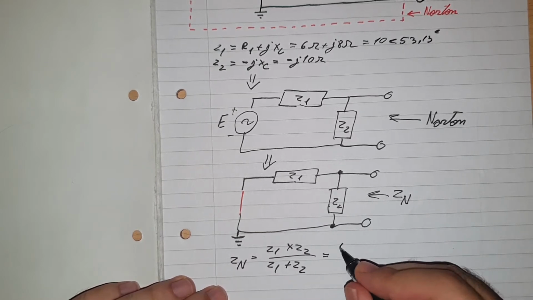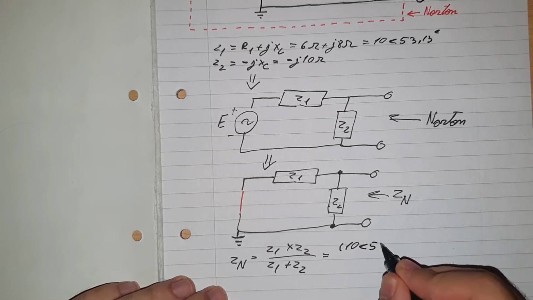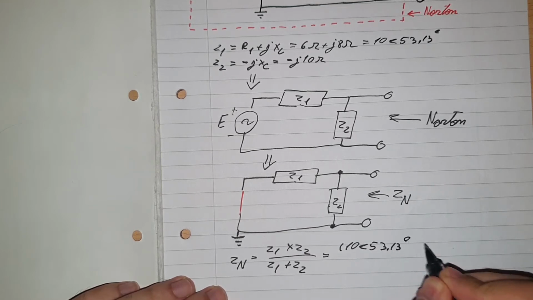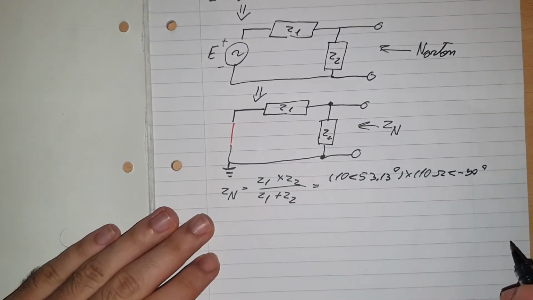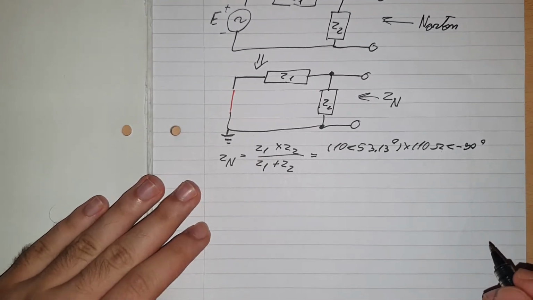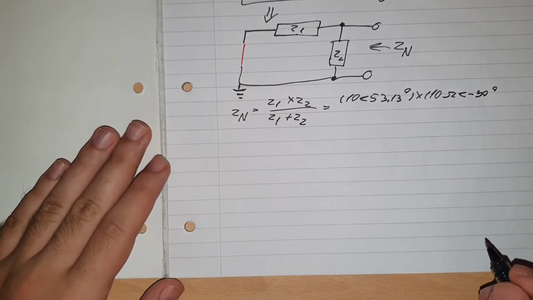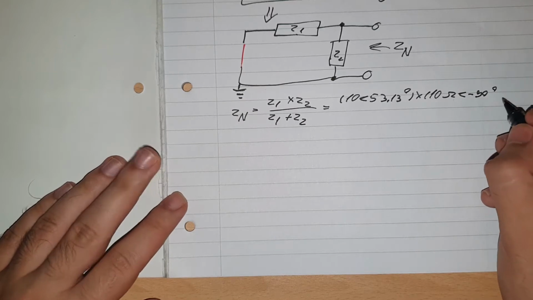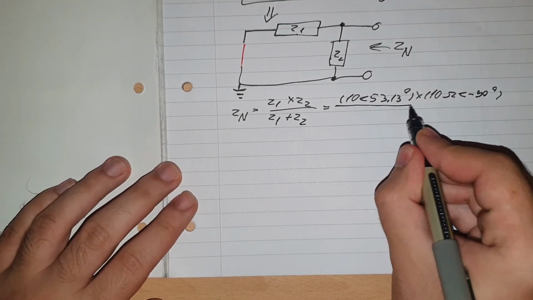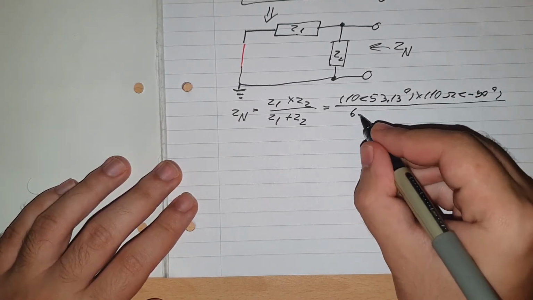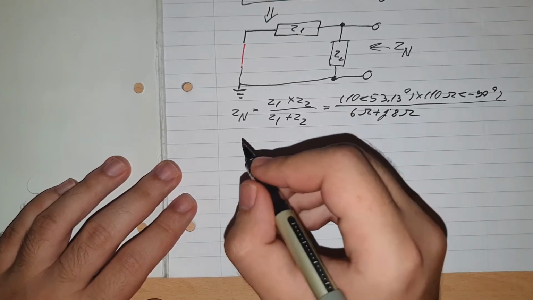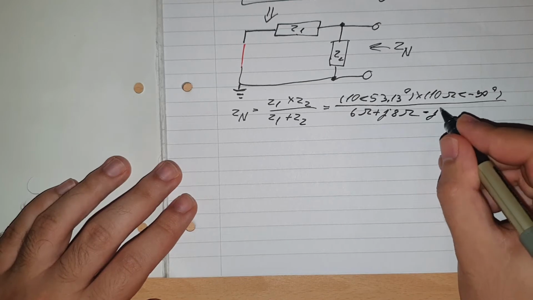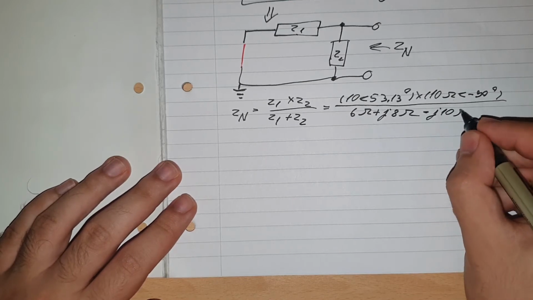That would be 10 at an angle of 53.13 degrees times 10 ohms at an angle of minus 90 degrees. And let me put this a bit lower so you can see it on the page. There you go. Then we divide this value by 6 ohms plus j8 ohms minus j10 ohms.